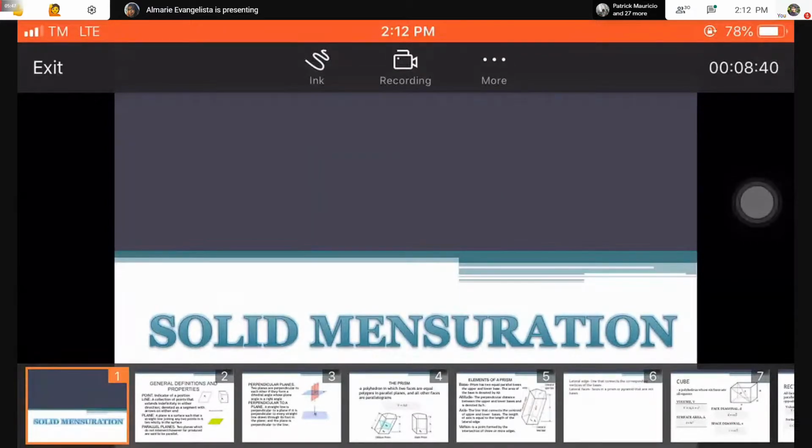Next question. A prism which has its lateral faces perpendicular to the base. So, ang sagot dito ay right prism. Mamaya din, matatalakay natin siya.